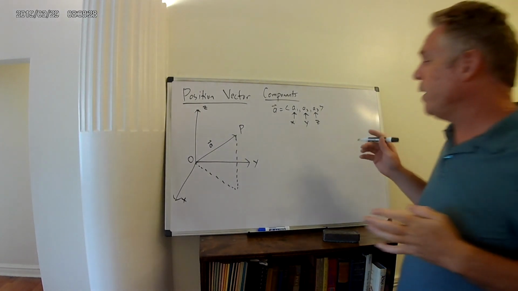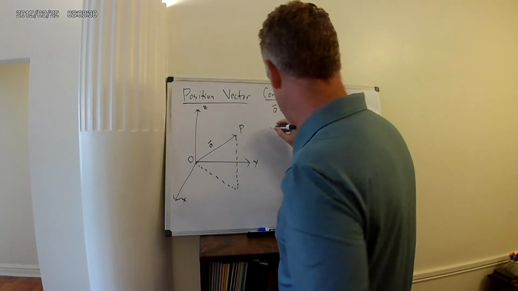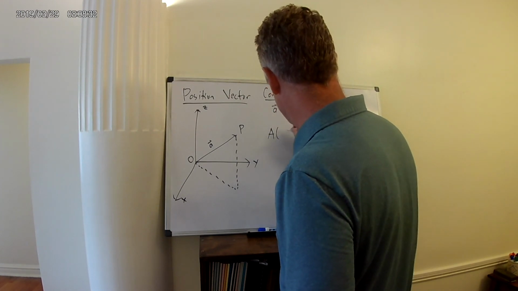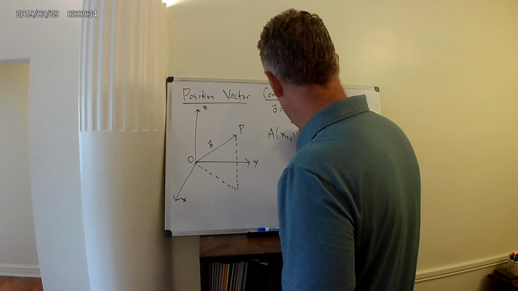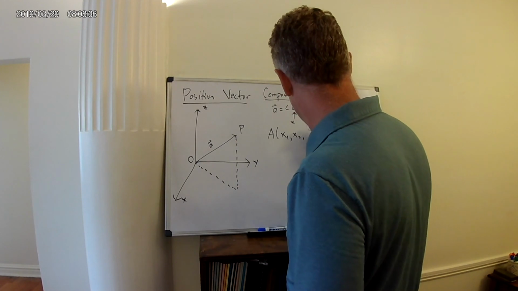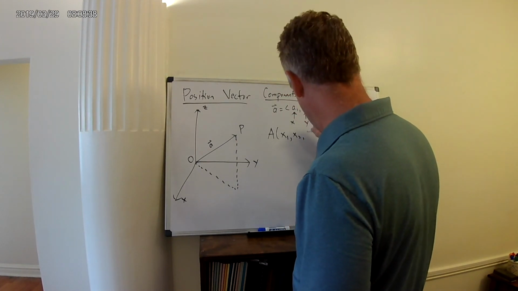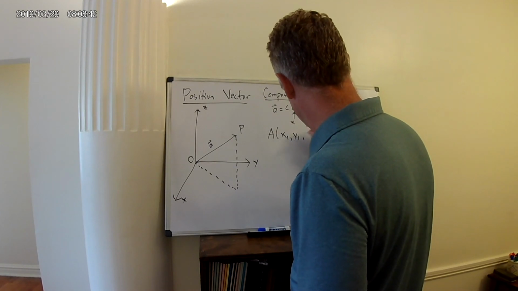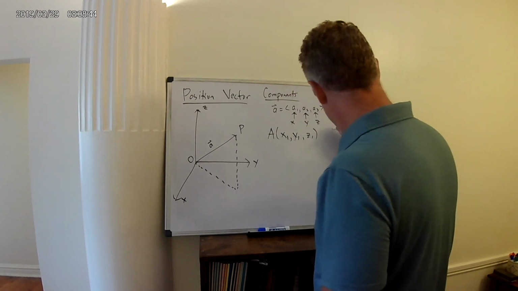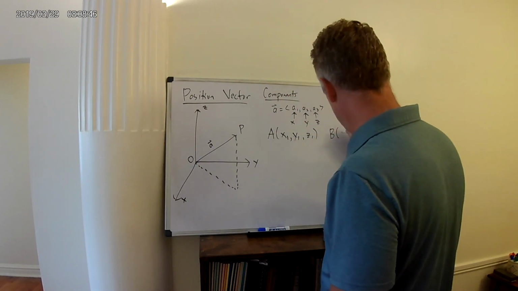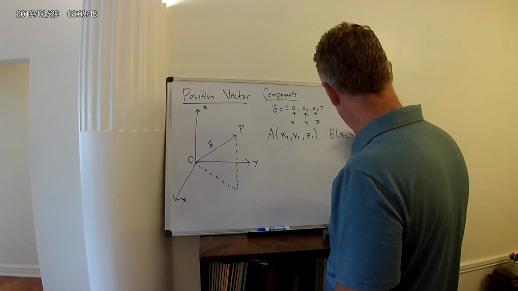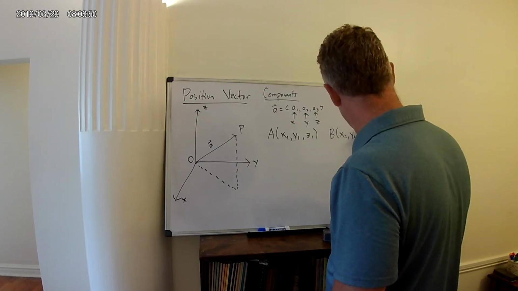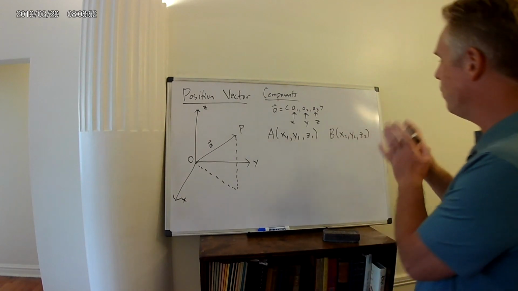What if we had 2 points? Let's say we had 2 points, and one point was represented by point A, which has the coordinates of x1, y1, z1, and point B has coordinates x2, y2, z2. Oh, excuse me, not components. These are actual points, okay?